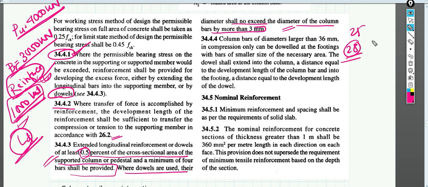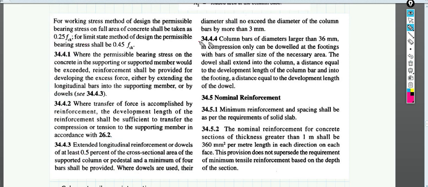Then clause number 34.4.4 says column bars of diameters larger than 36 mm, in compression only, can be dowelled at the footings with bars of smaller size of necessary area. If this is the case, we have to provide smaller diameter bars.